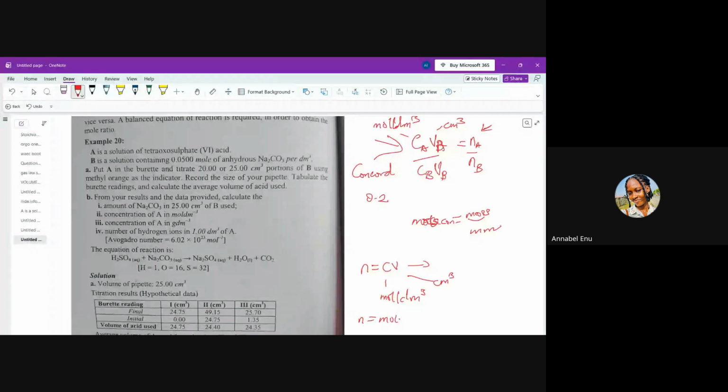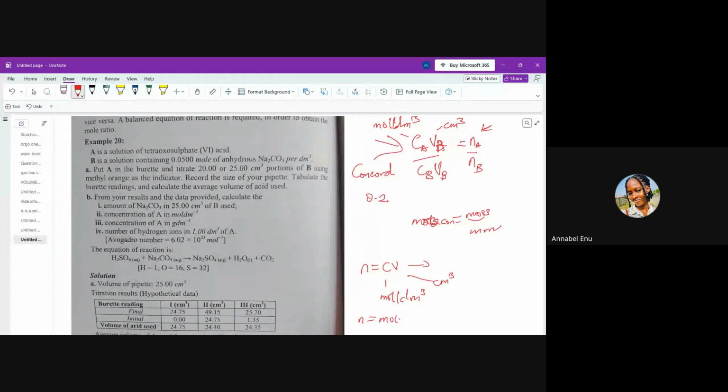For example, if our question tells us that our acid is what is going into the burette, it means our readings will be that of the acid, and we get our volume of the acid from the burette. But if our acid is being sucked from the pipette, it means our volume of acid will be 25 centimeters cube, which is the volume of our pipette. So wherever the chemical is, that tells us where we are going to get our volume from.